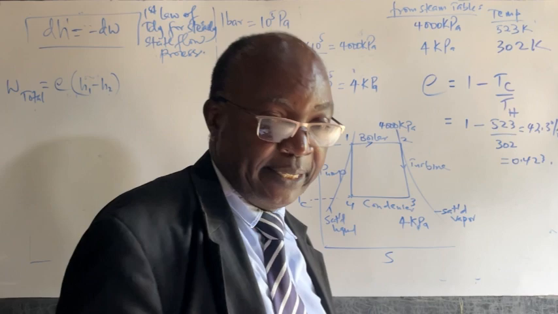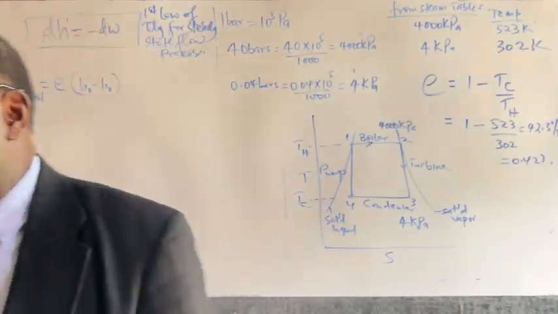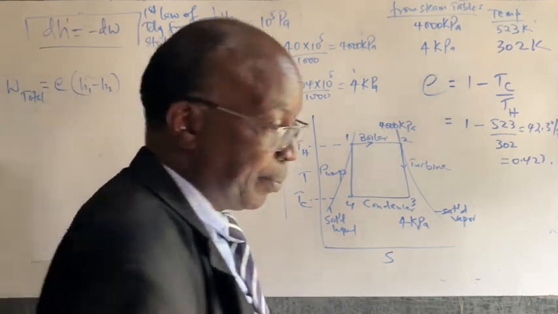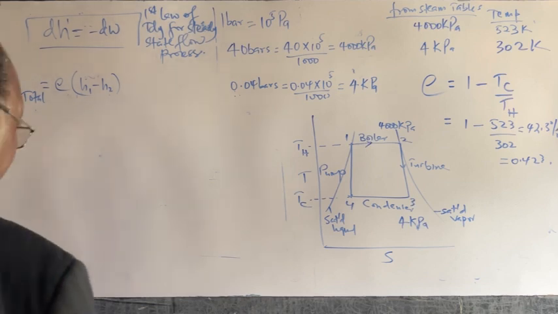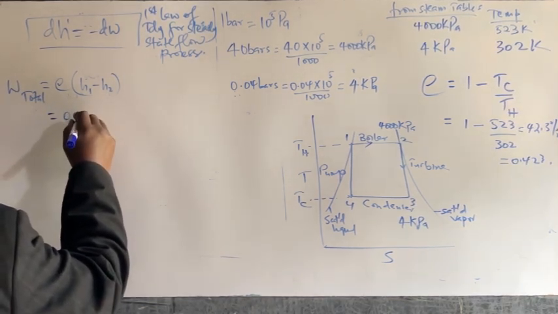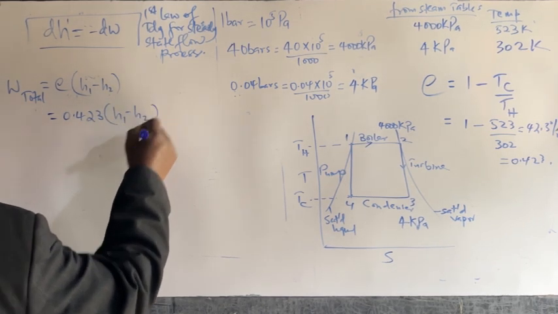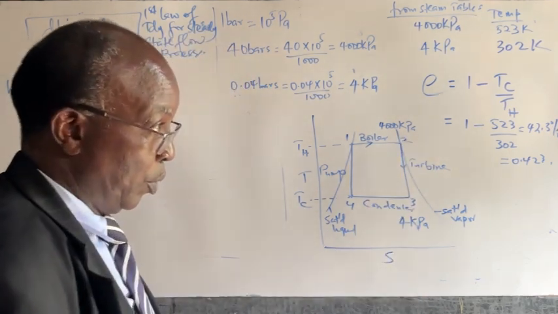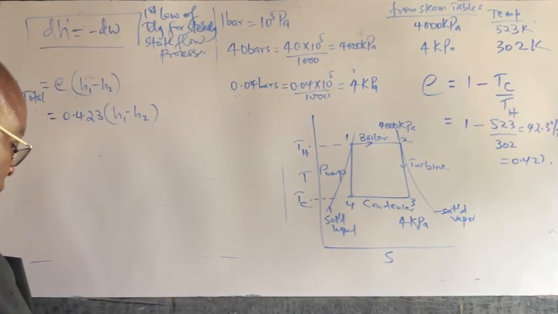Because the boiler is what we consider as the input, and whatever we get out of the turbine minus the work input in the pump is what we consider as output. And so we can multiply our efficiency, that is 0.423, by H1 minus H2. That's the enthalpy, state point 1, state point 2.